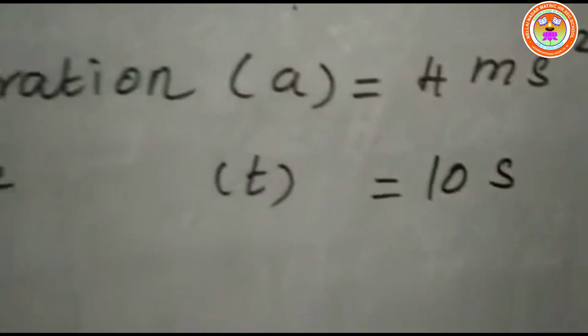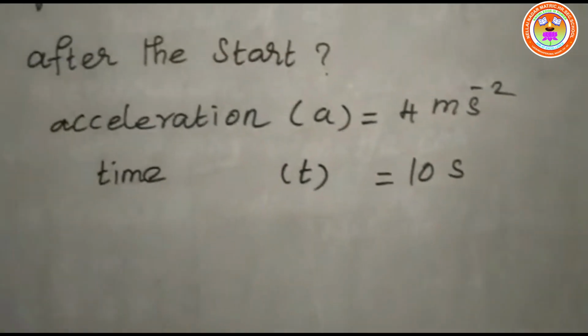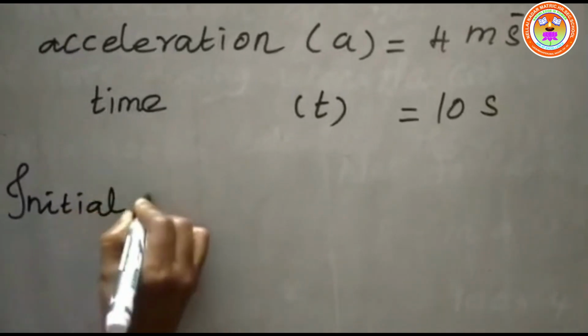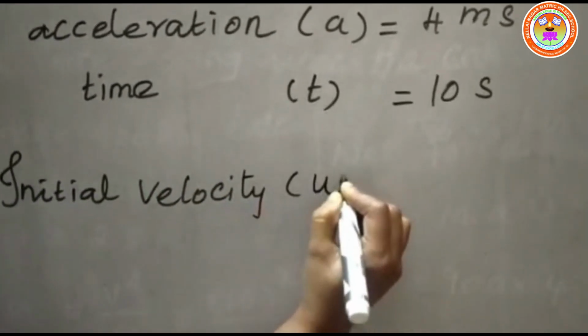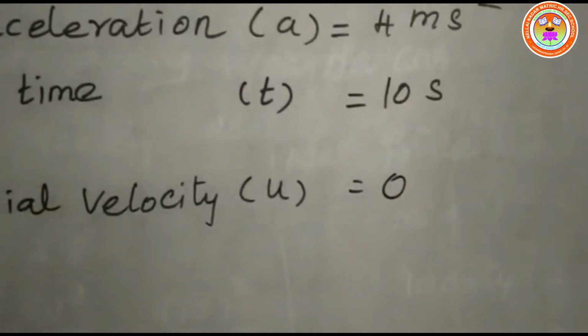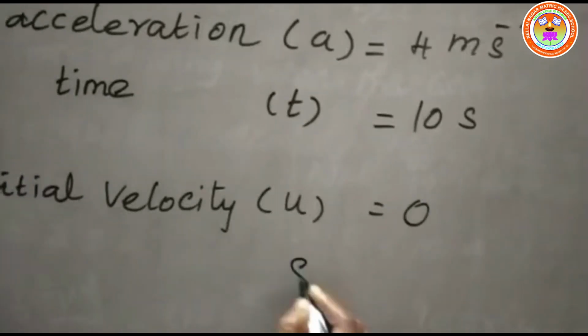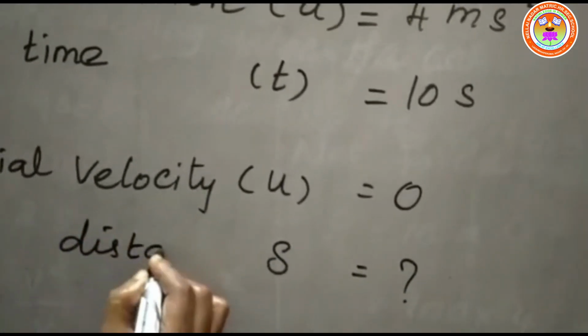What about the initial velocity? At the starting point there is no velocity. The symbol of initial velocity is small u. u is equal to 0. So we have to find the distance covered by the racing car. That is the only thing we have to calculate.